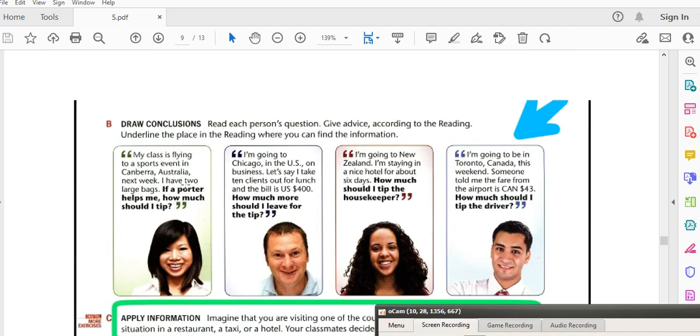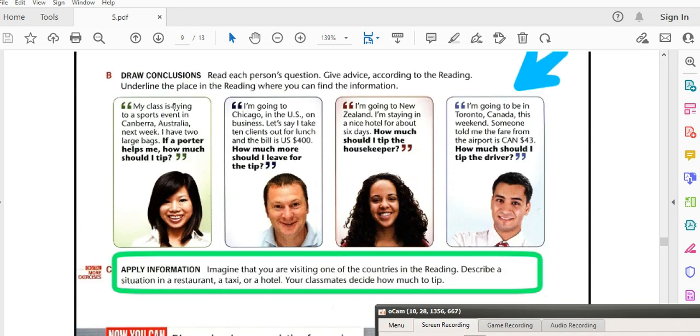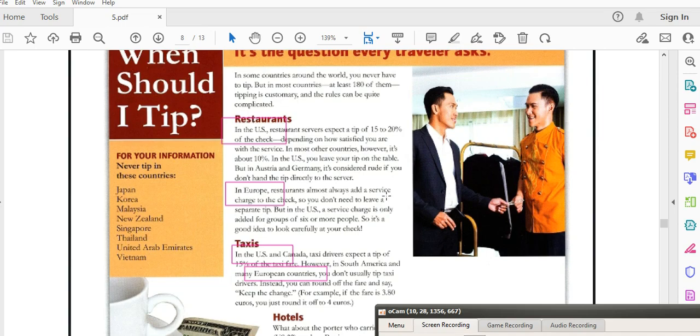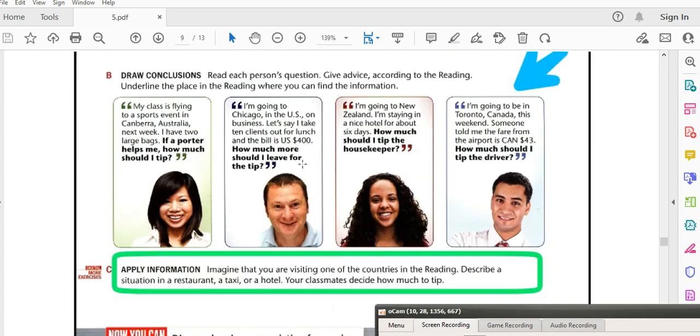Read each person's questions. Give advice according to the reading. This is for you. You read this one, for example. My class is flying to a sport event in Canberra, Australia. Next, I have two large bags. Is a porter, it means the server. You see, he's a porter. If the porter helps me, how much should I tip?